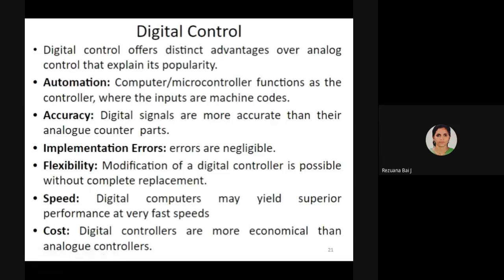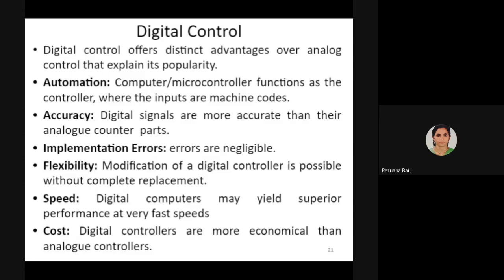And flexibility. Modification of a digital controller is possible and flexible without complete replacement, whereas an analog controller is difficult to modify or redesign, since the PCB is already built. A digital controller is implemented in firmware or software.